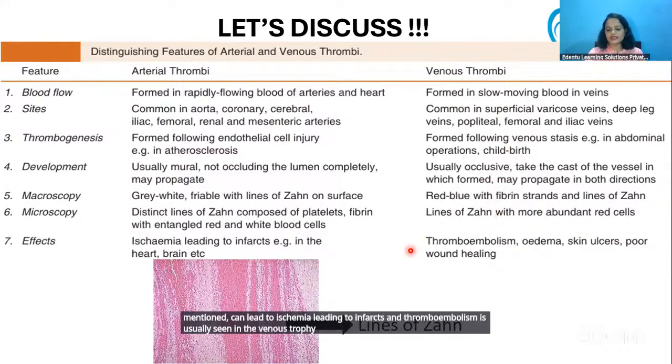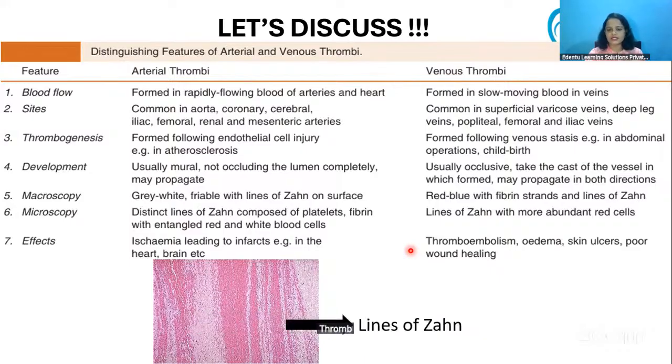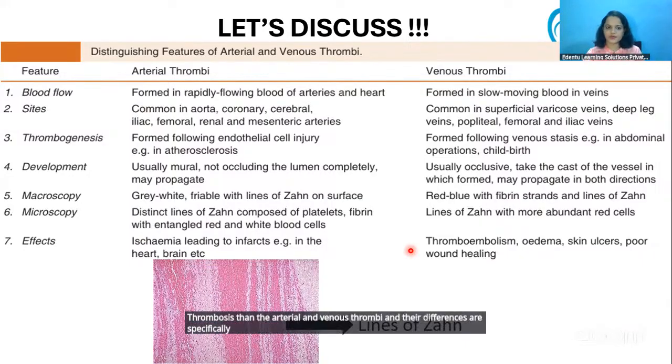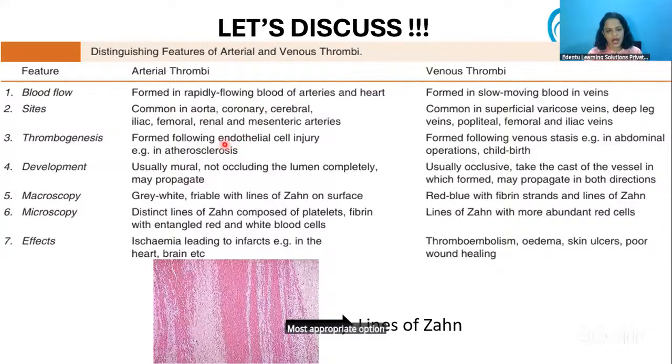So we had discussed the pathogenesis, the Virchow's triad of thrombosis, then the arterial and venous thrombi, and their differences are specifically mentioned here. The most common site of arterial thrombi is actually the aorta, but since the aorta is not given in the options, we are choosing the next most appropriate option, that is the coronary artery.